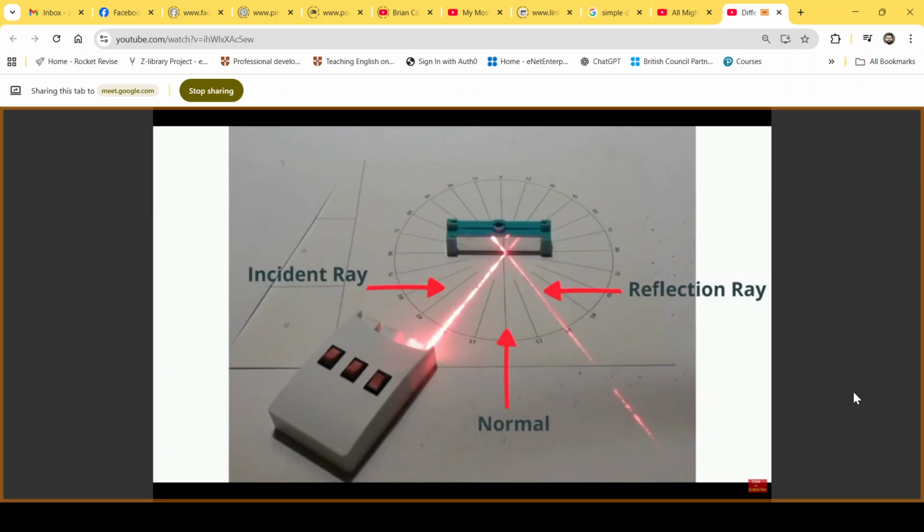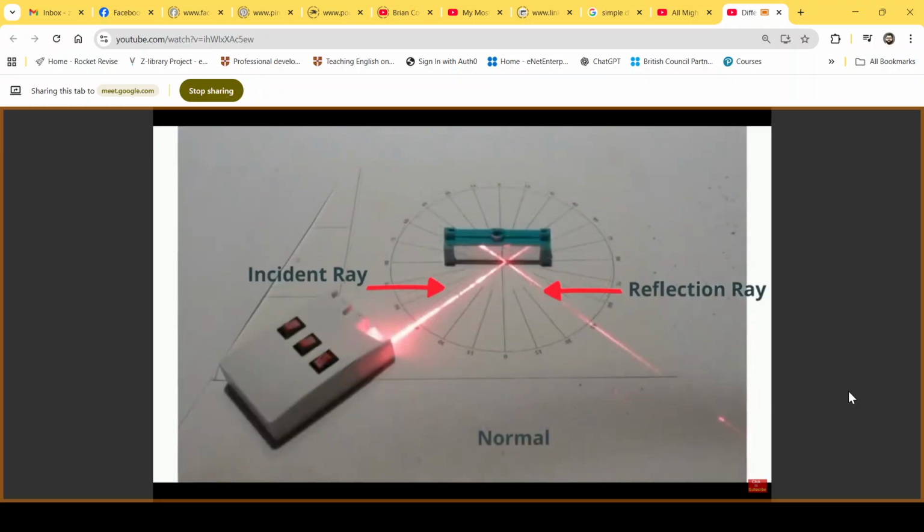Also notice that at different angles you can see that the incident and reflection are equal, and you can measure these from the line of normal. Normal is at 0, and the angle is at 30 degrees for both incidence and reflection. Here's another example. Normal is 0, and incident and reflection are at 45.